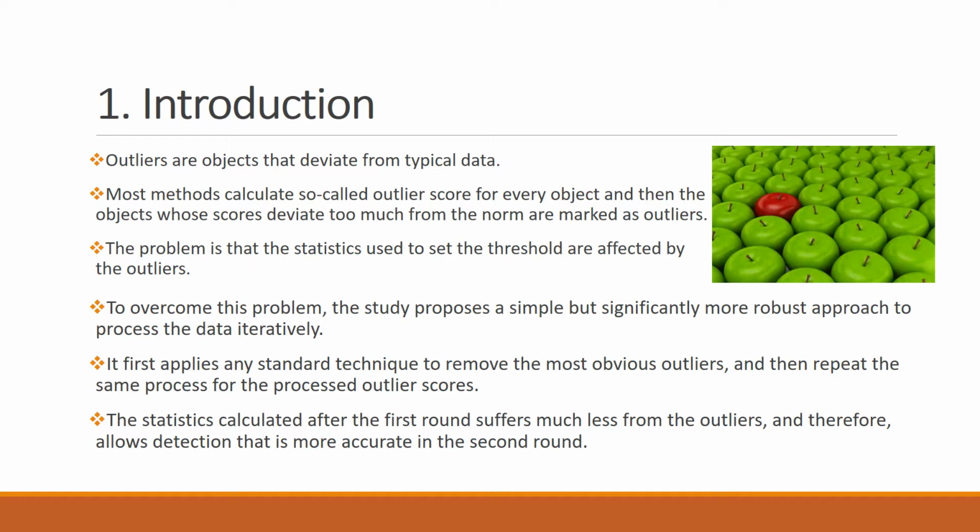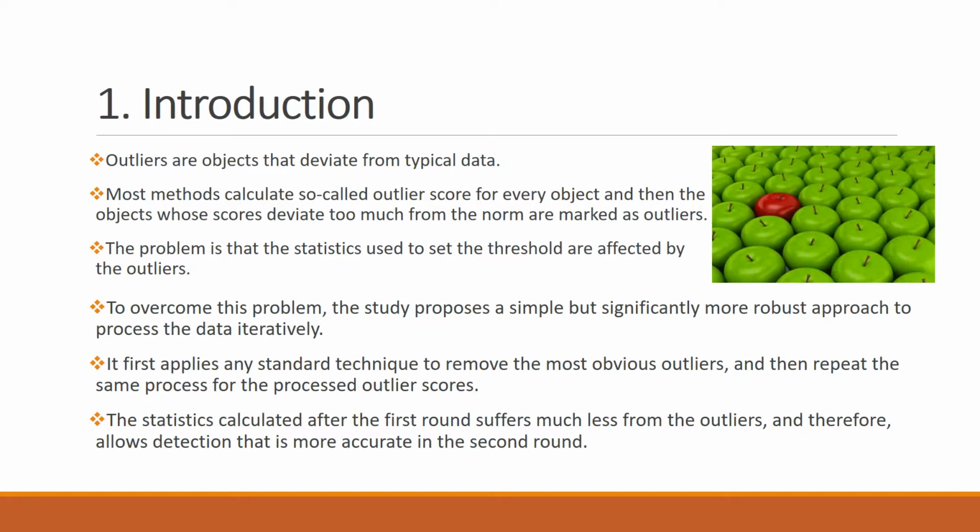Now, most common methods calculate an outlier score for every object, and those objects whose scores deviate too much from the norm are marked as outliers. Meaning, we calculate a range of values, and if our value is outside the range, we mark it as an outlier. If it is inside the range, we mark it as normal data.